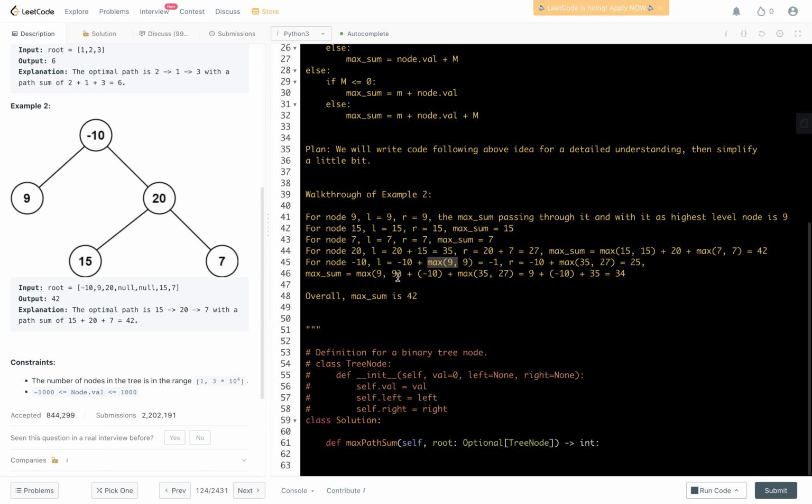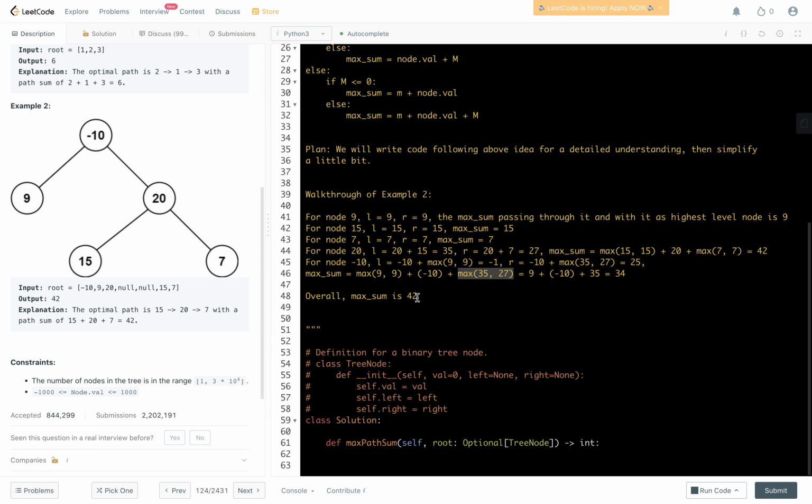So the maximum sum of the path passing through the root and with the root at the highest level is nothing but the max of the left subtree, that is none, plus the root value itself, plus the max of the two pieces of information for the right subtree, that is max of 35 and 27 for this tree 20.